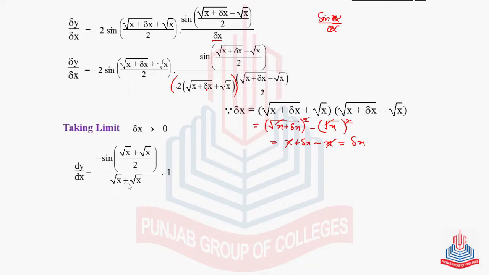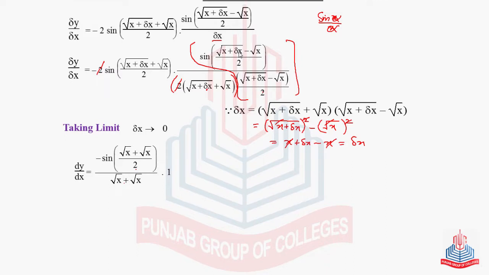This will become like this, and 2 will be cancelled out by this one, and when we apply the limit delta x on this part, that is limit delta x approaches to 0, sine of this whole thing will behave as x dividing by x, exactly the same thing which is used as an angle of sine.